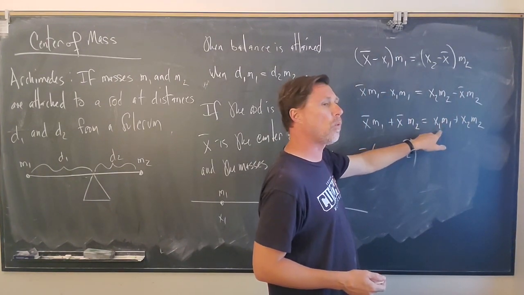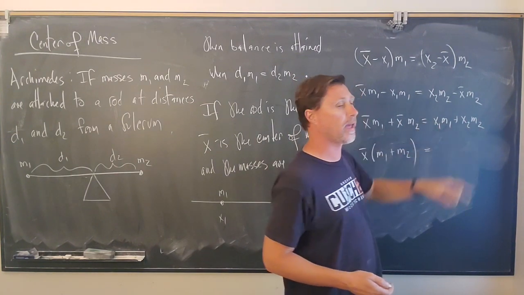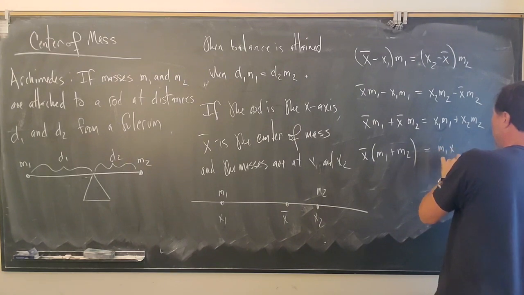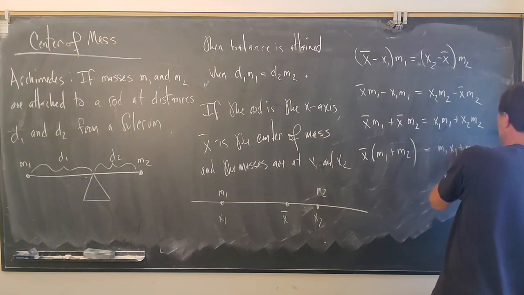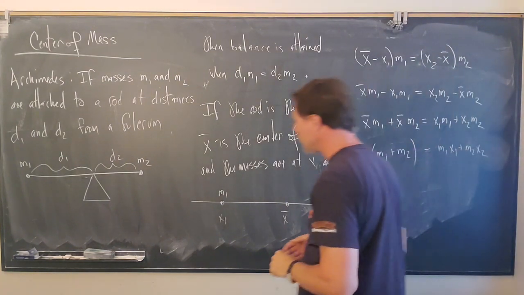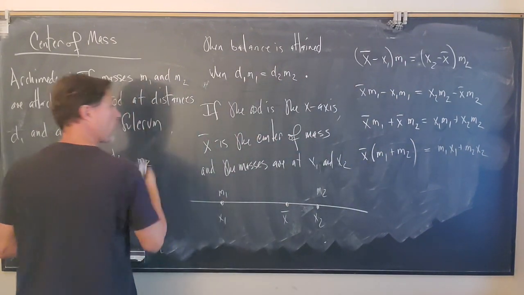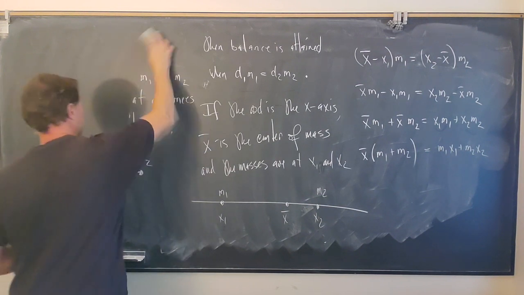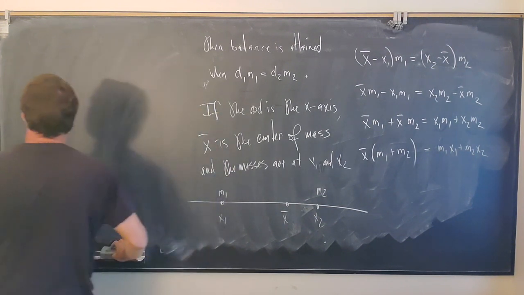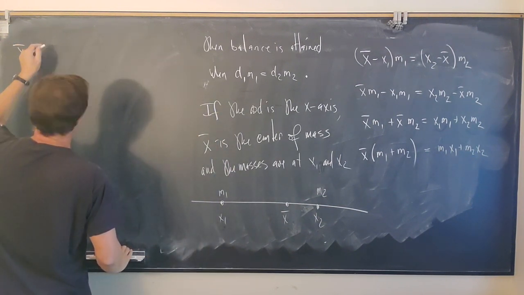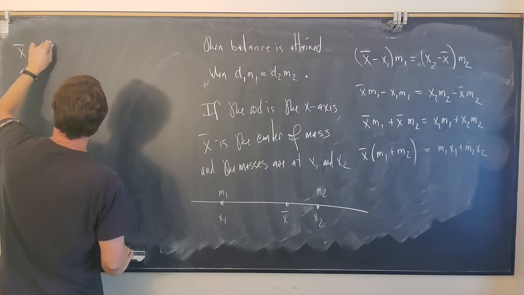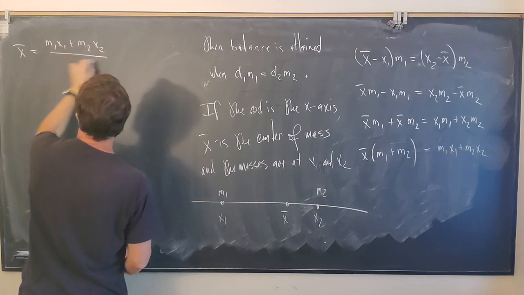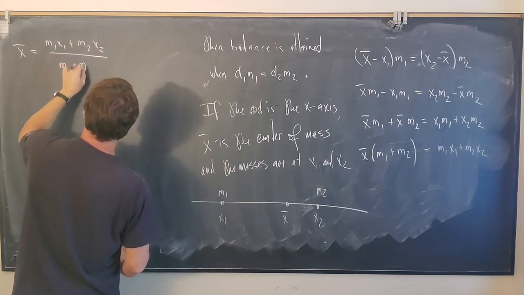I really want the m1 in front of the x1 and the m2 in front of the x2. So I'm not doing any tricks. I'm just rewriting that as m1 x1 plus m2 x2. And now, if we solve for x bar, x bar is going to be m1 x1 plus m2 x2 divided by m1 plus m2.